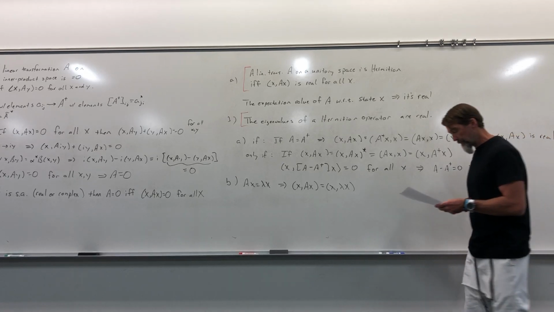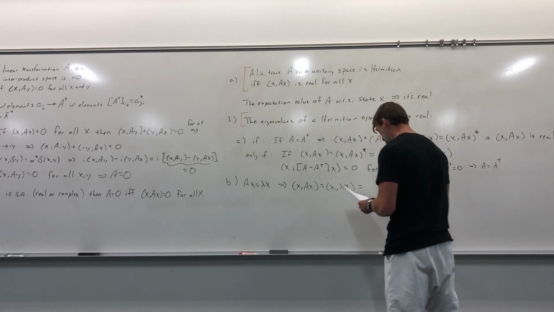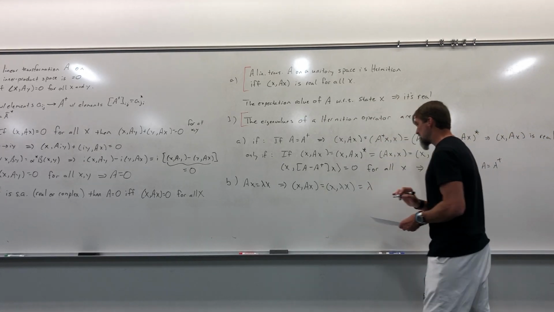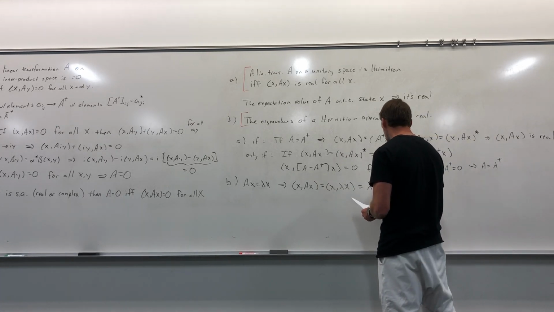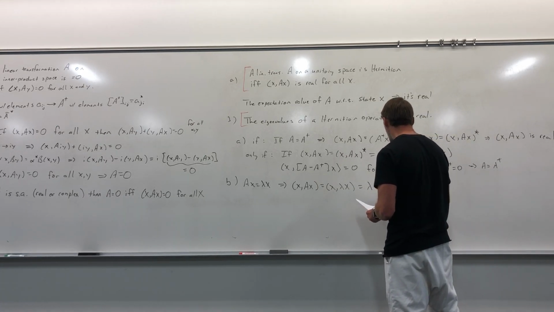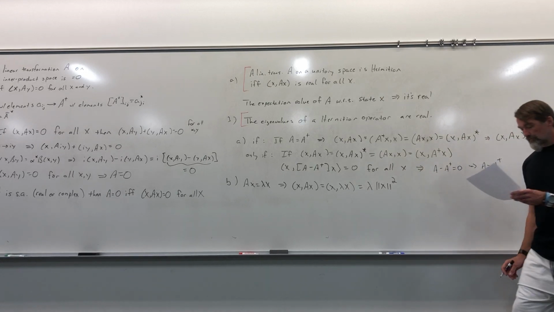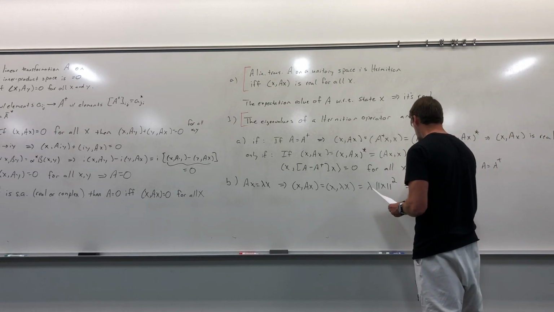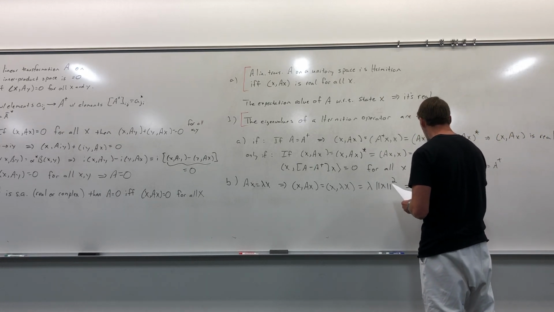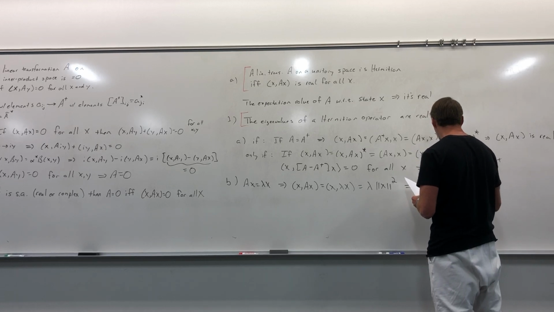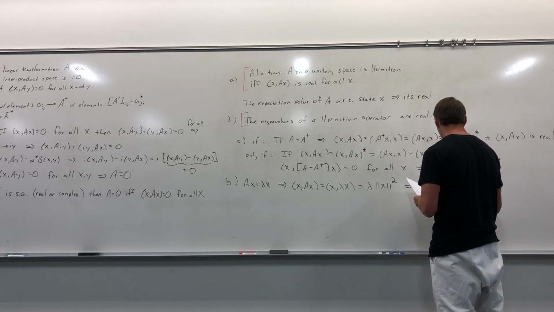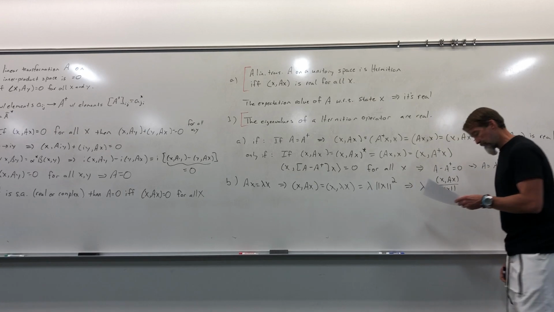But that lambda just comes out because it's a scalar coefficient. And then I'm left with the magnitude squared of x. But this tells me that lambda is <x, Ax> over the magnitude squared of x.